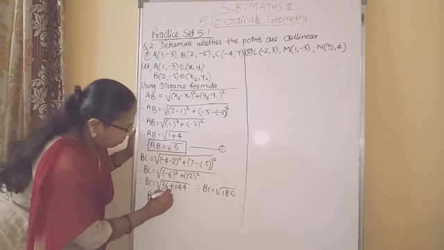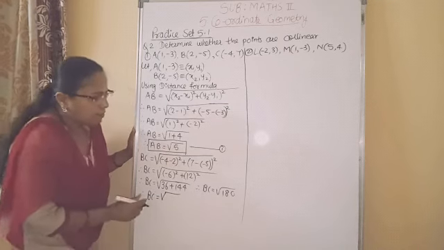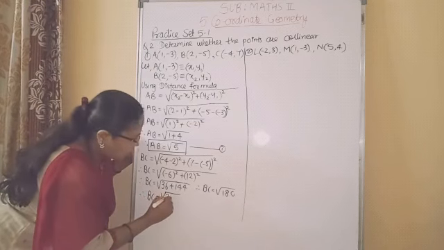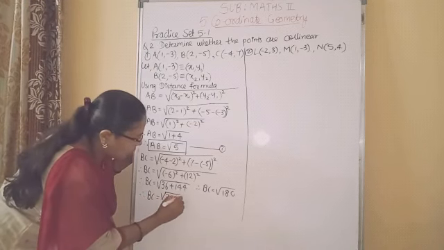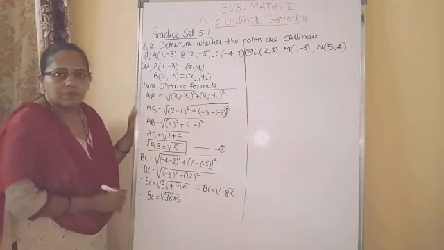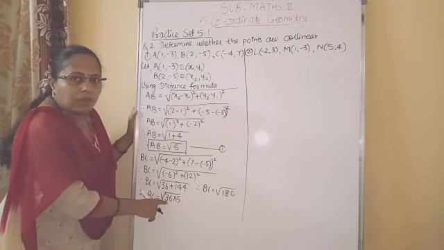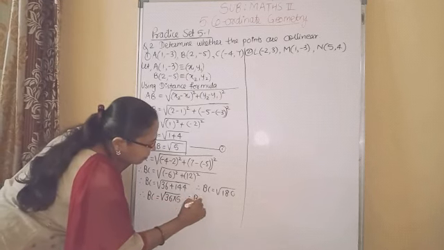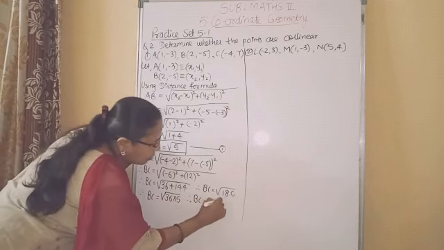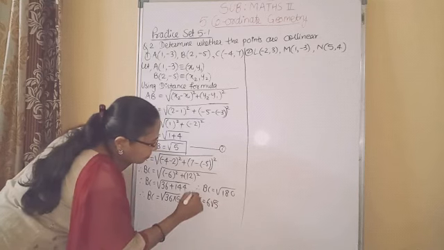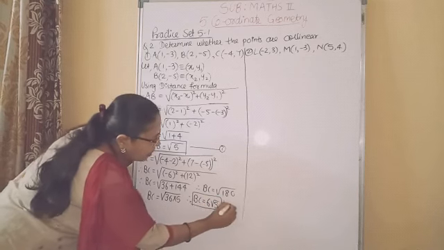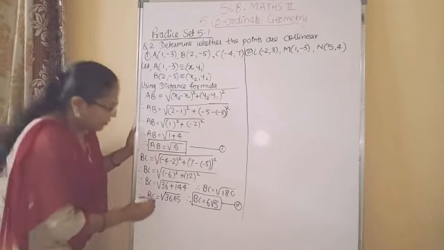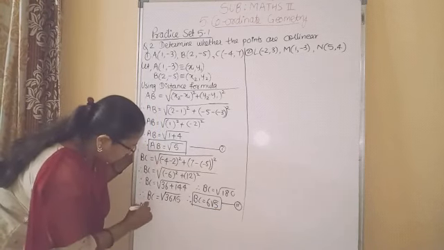Now we will find out factors of 180. Okay, so 36 into 5. 36 square root is 6. So BC equal to, we will get 6 root 5. Here statement number 2. Then we will find out AC.